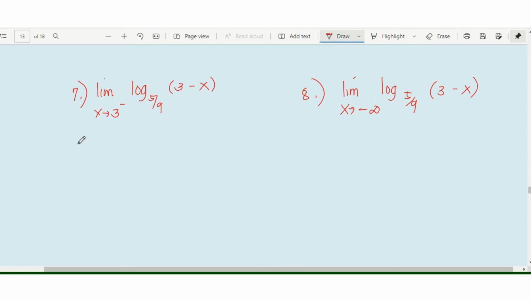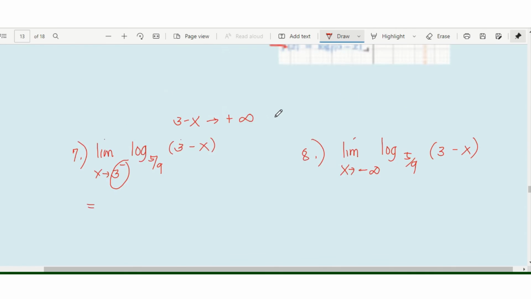Okay. So, dito sa number 7, when you keep on approaching 3 from the left, no? Left of 3, keep on approaching that. Ibig sabihin nito, yung 3 minus x na ito, tuloy-tuloy siya sa pag-increase. No?